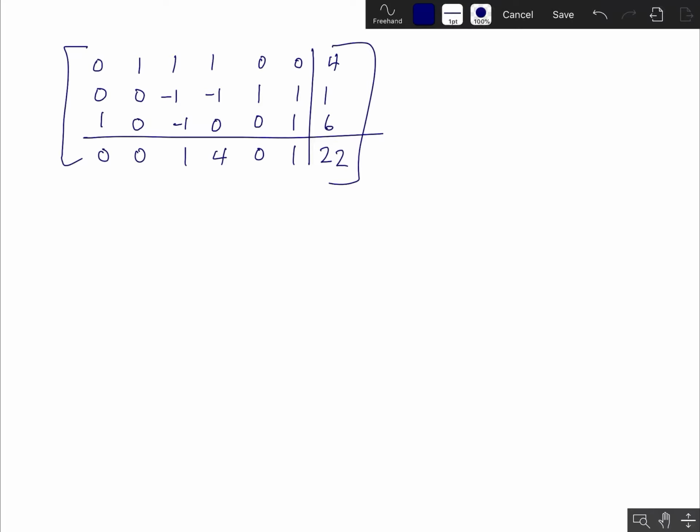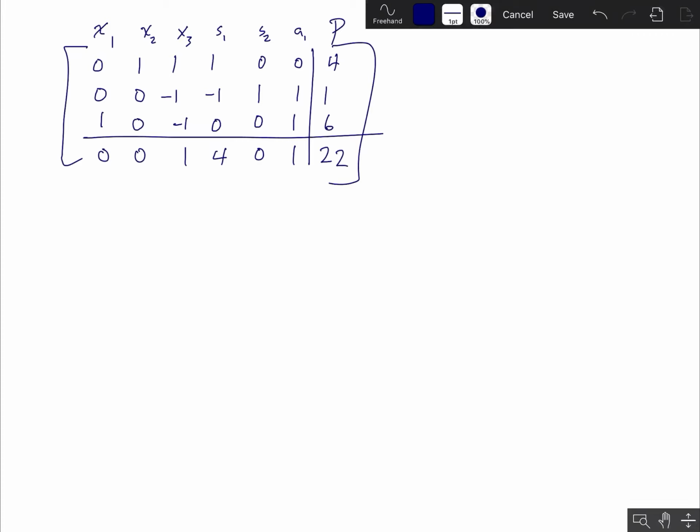Okay, so now let's relabel our columns and then reassess where we're at. So we have x1, x2, x3, and then our surplus and slack variables, our artificial variable, and then p, the thing that we were trying to maximize.